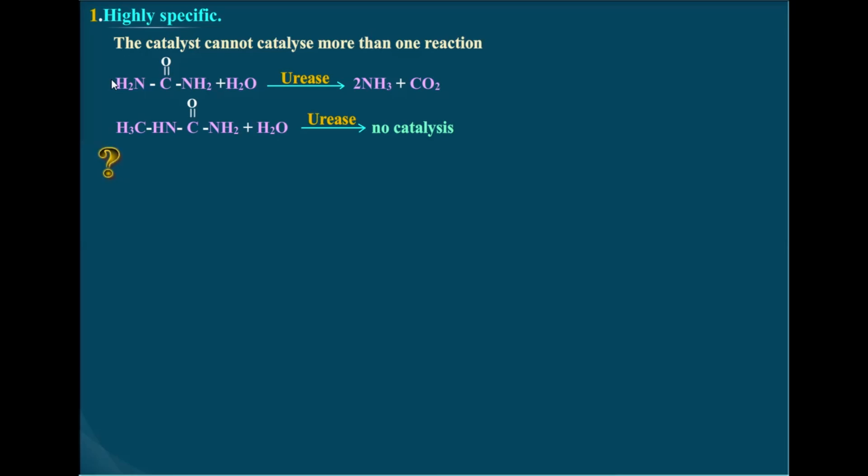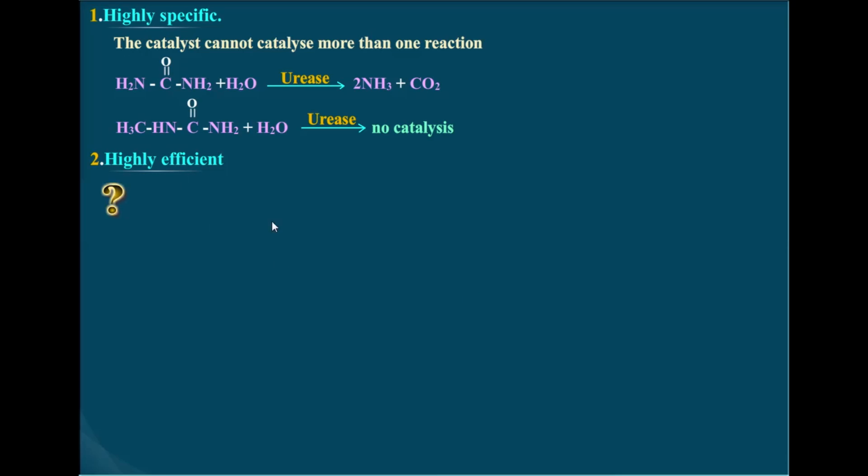One catalyst cannot catalyze more than one reaction. For example, the enzyme urease catalyzes the hydrolysis of urea only. It does not catalyze the hydrolysis of any other amide. The example is given here. So the first one is that it is highly specific in nature.